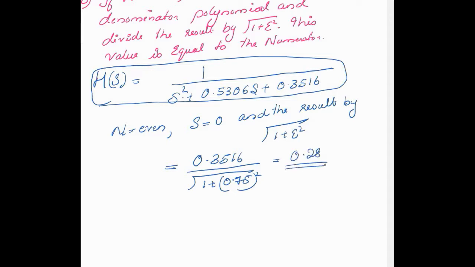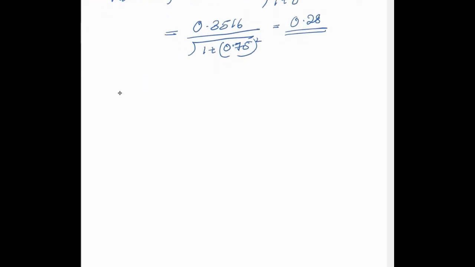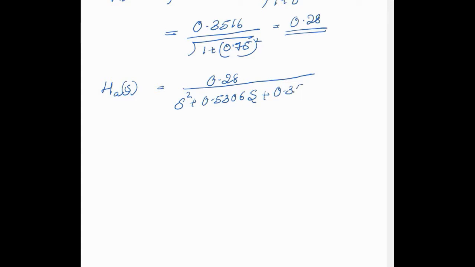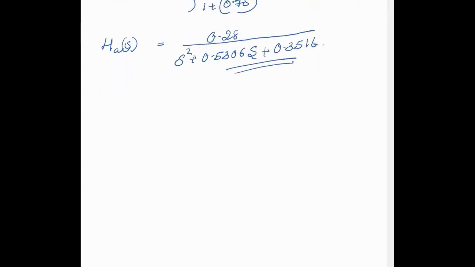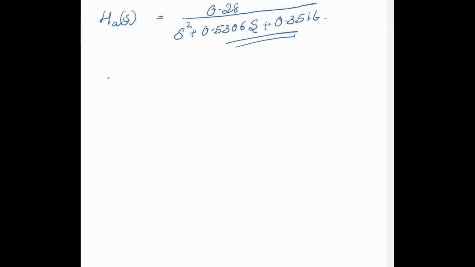Okay, now you got the numerator, and your complete analog transfer function Ha of s will be 0.28 divided by s square plus 0.5306s plus 0.3516.